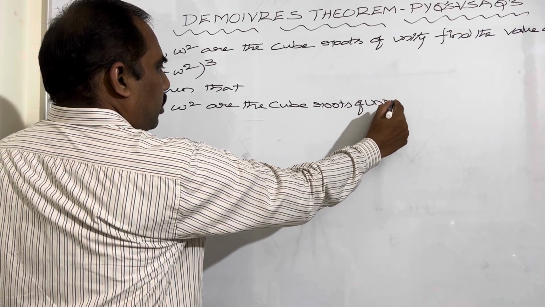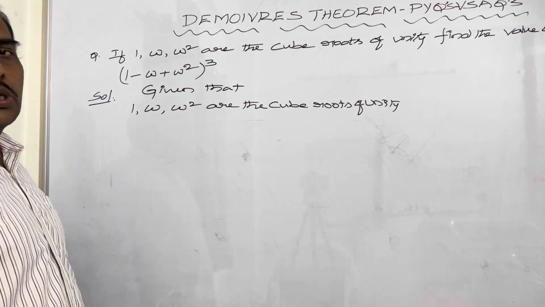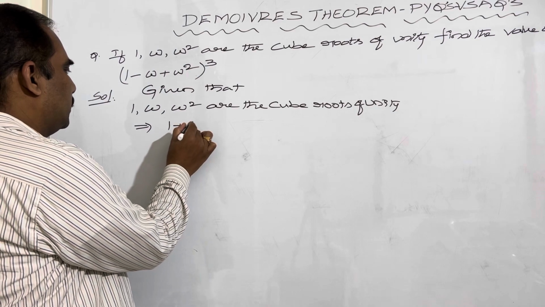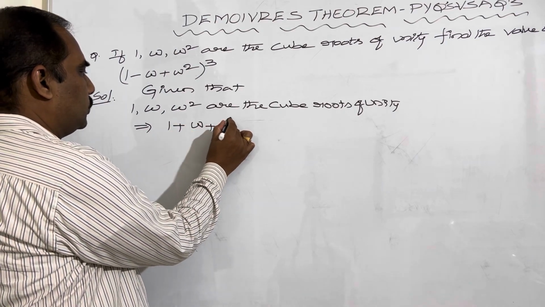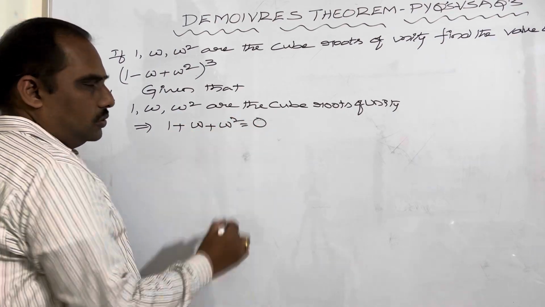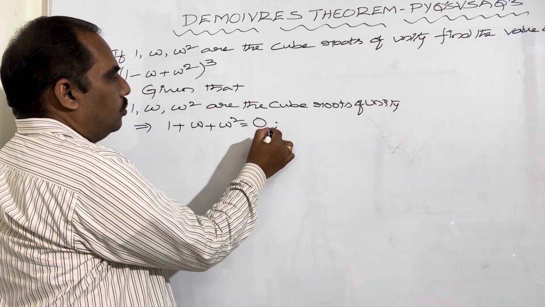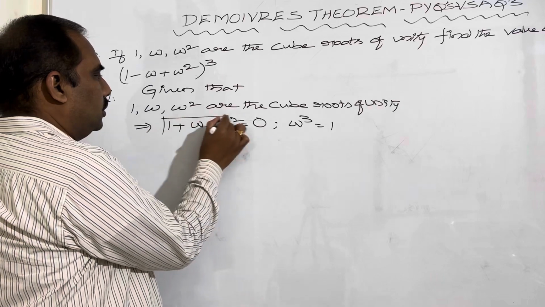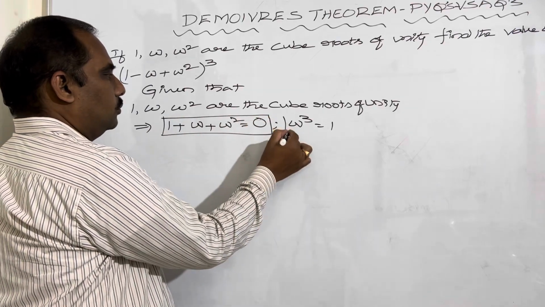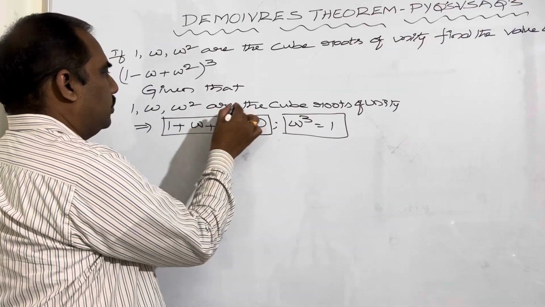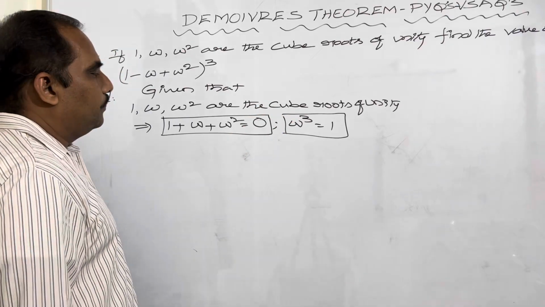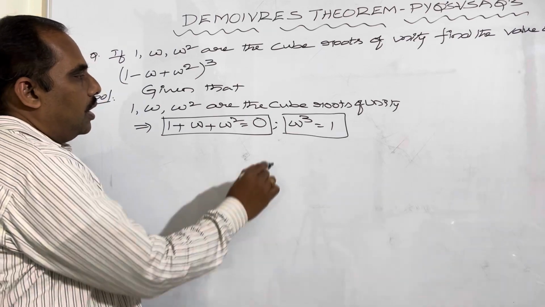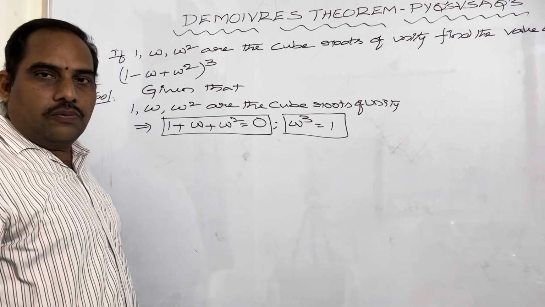When 1, omega, omega square are the cube roots of unity, we know that 1 plus omega plus omega square is equal to 0, and also omega cube is equal to 1. So we know these two conditions.